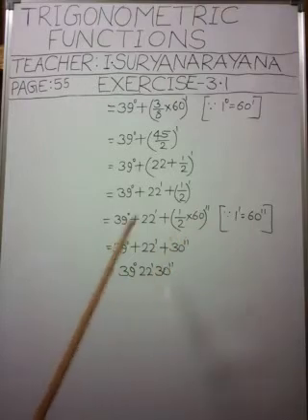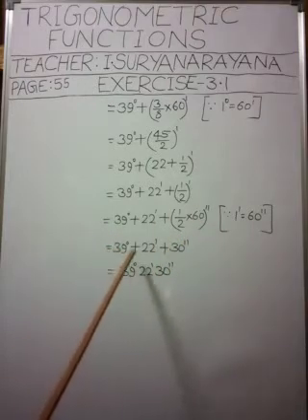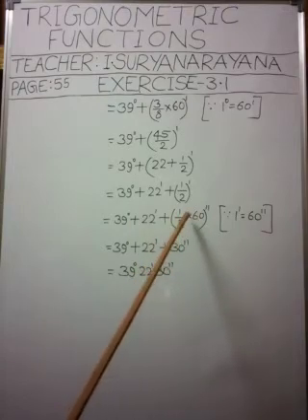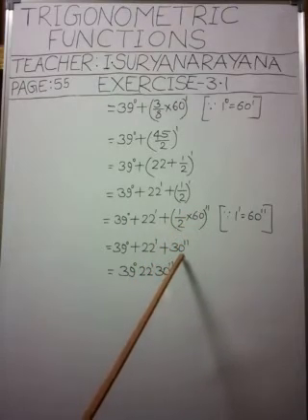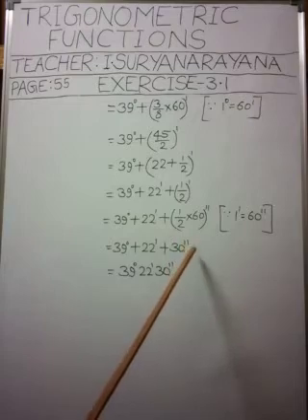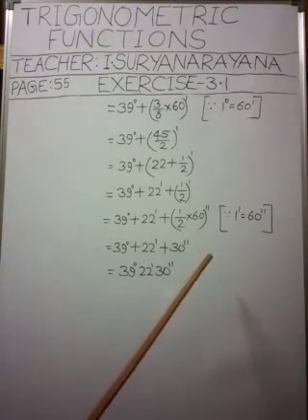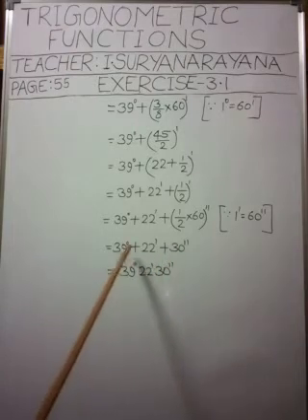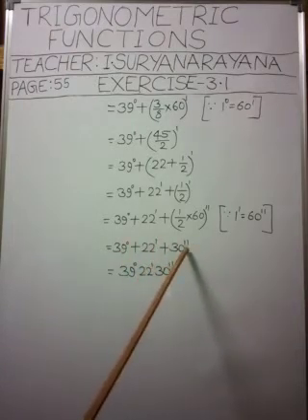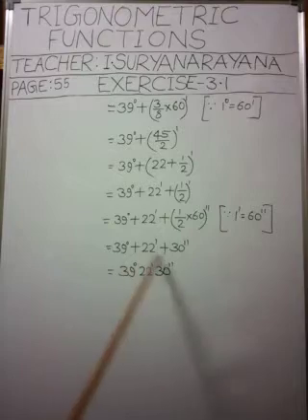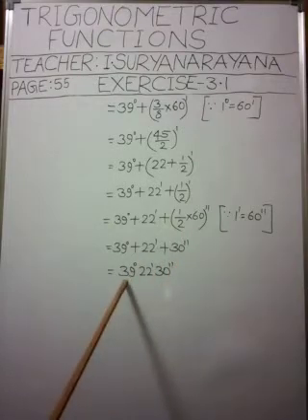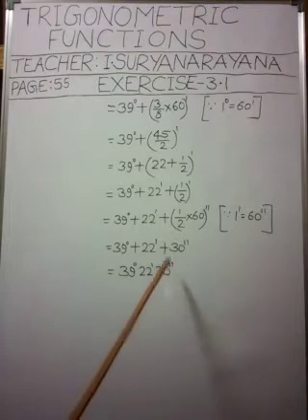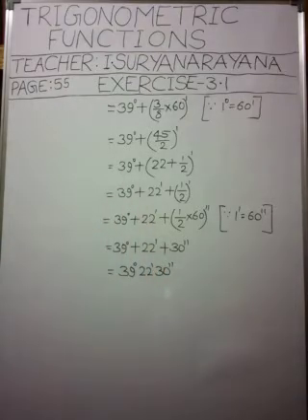That is equal to 39 degrees plus 22 minutes plus, by simplifying, what will you get here? 30 seconds. So we have converted into minute and second units also in the degree measure. Degrees, minutes and seconds. So we can write this entire angle like this: 39 degrees, 22 minutes, 30 seconds. Understood, my dear children? Right.